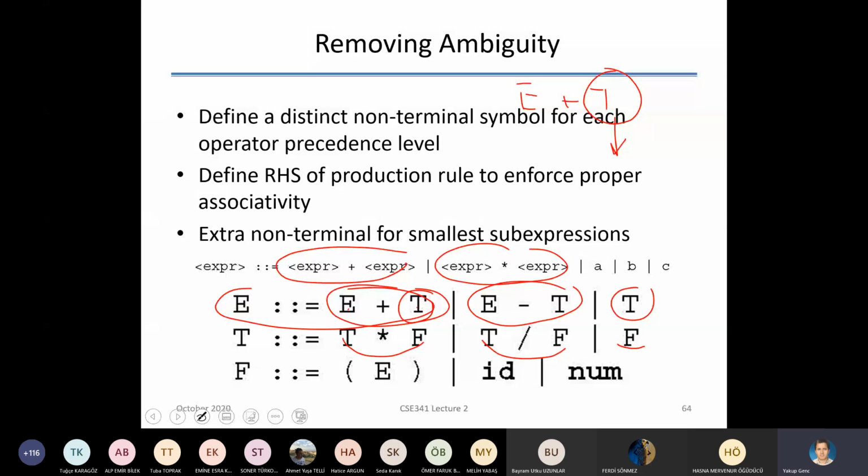The multiplication is going to be there. The idea here is that I am forcing the associativity of the operators.